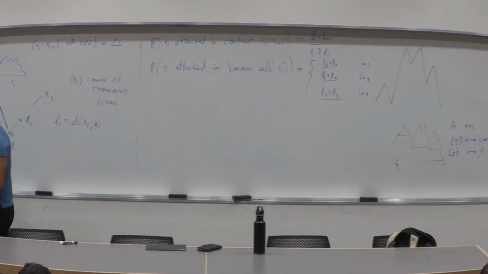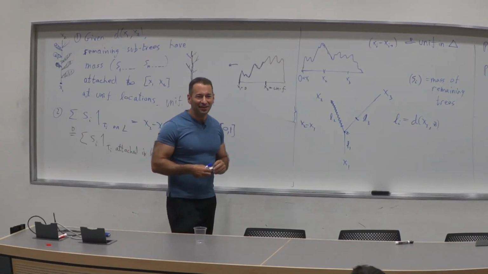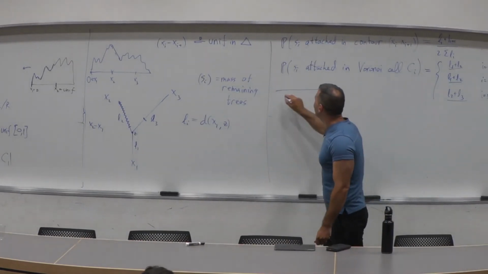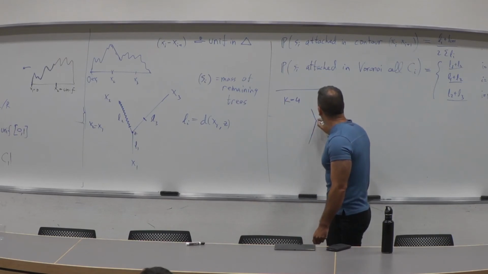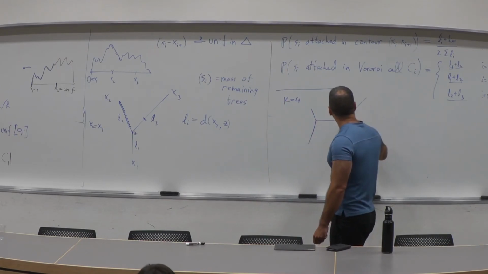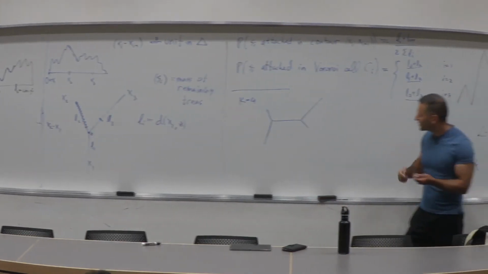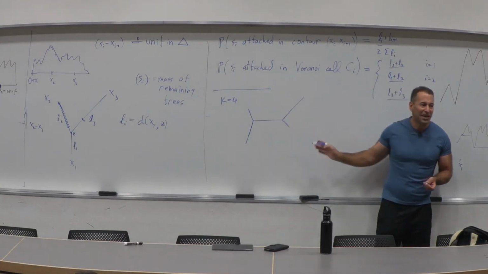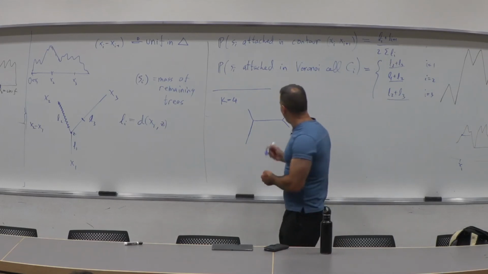So going beyond 3 points, things become a bit more delicate. Because if I have 4 points, the subtree spanned by the 4 points has some shape like this, and I could condition on the different lengths. So I have 5 segments here. I can condition on the 5 lengths, and I could say what the Voronoi cells are.